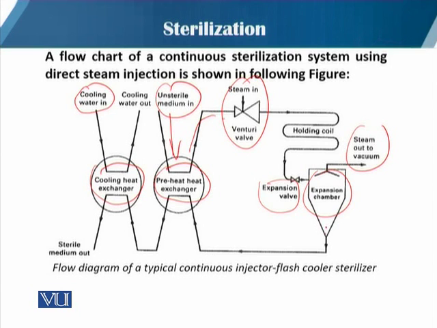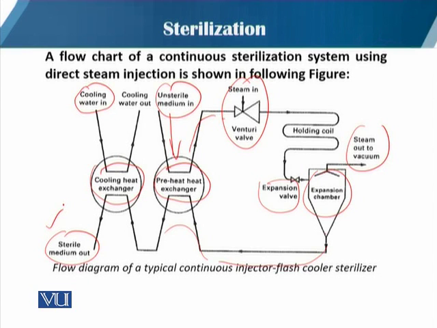Steam goes to the vacuum, and then back to the cooling. This is the sterilized medium you get. This is the typical flow diagram of continuous injector flash cooler sterilization.